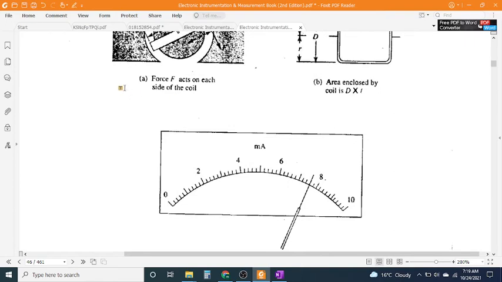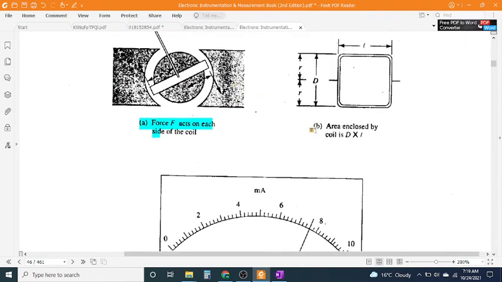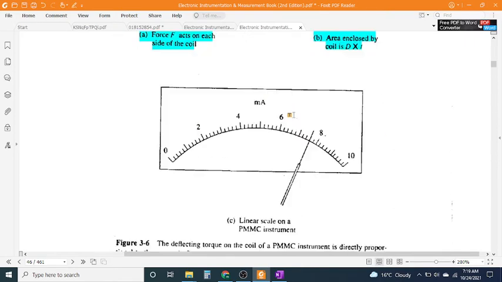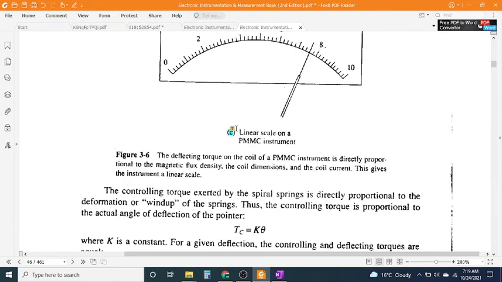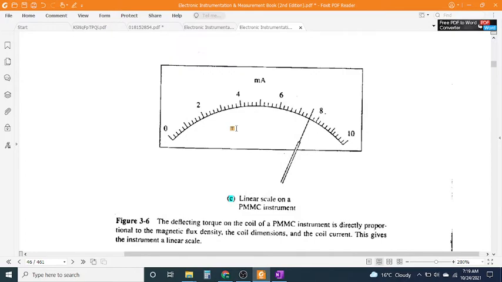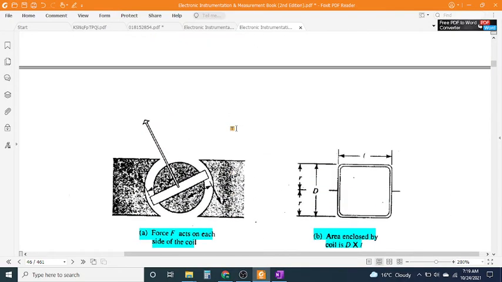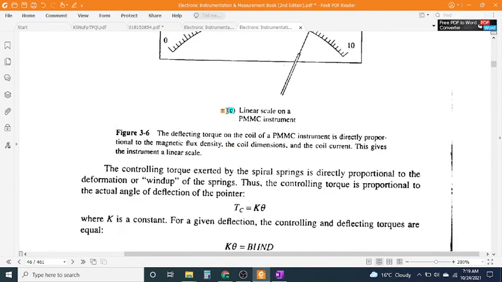Force F acts on each side of the coil. Area enclosed by coil. Linear scale on a PMMC instrument.